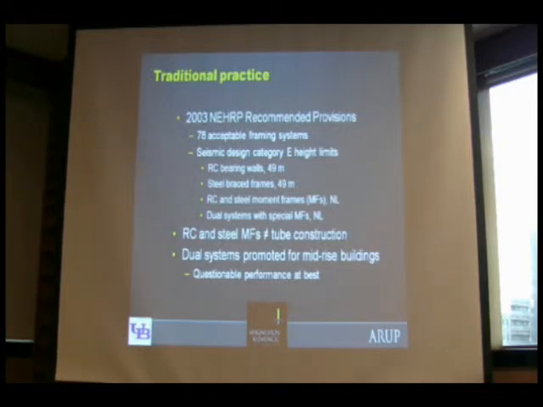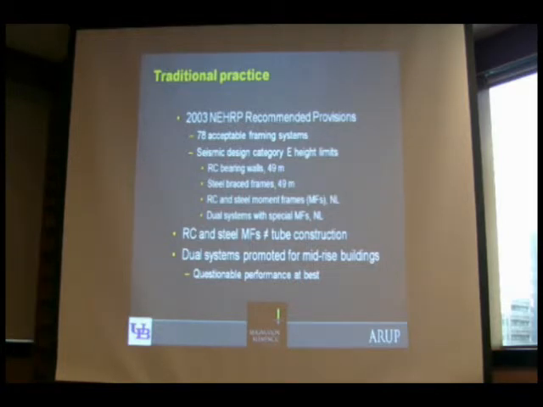If you construct a framing system that makes use of reinforced concrete or steel moment resisting frames, there's no height limit. And if you use a dual system, which is simply put a stiff primary framing system with a more flexible moment frame or backup system, there's no height limit.